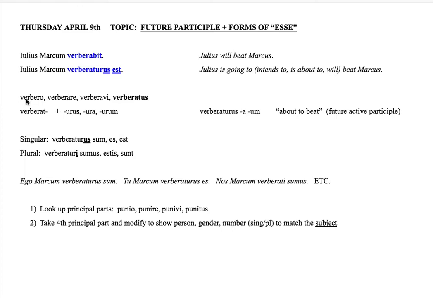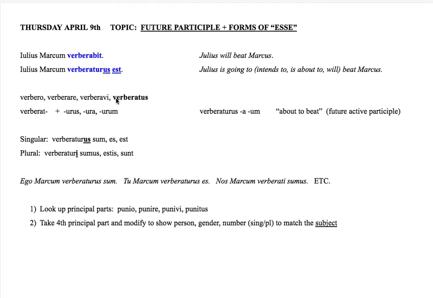We start with the principal parts of the verb: verbero, verberare, verberavi, verberatus. If you use Whitaker's Words, you'll see those forms right there. Sometimes it ends with an a instead of an us. I forget how Whitaker does it exactly, but you'll see those basic four principal parts there.